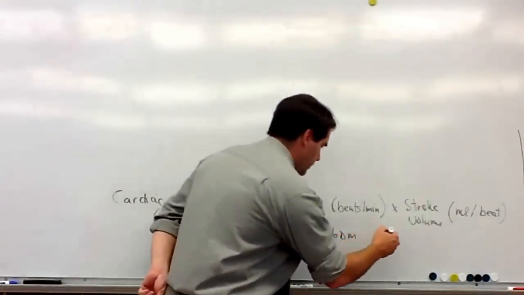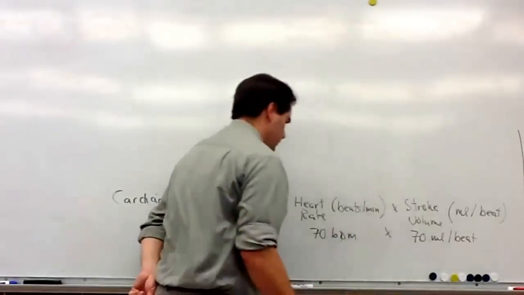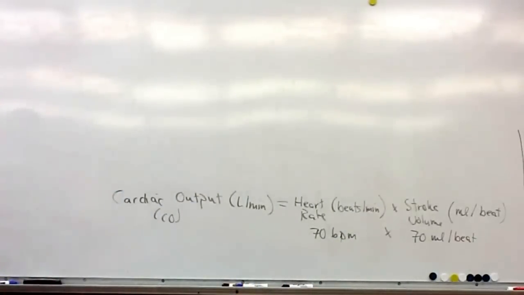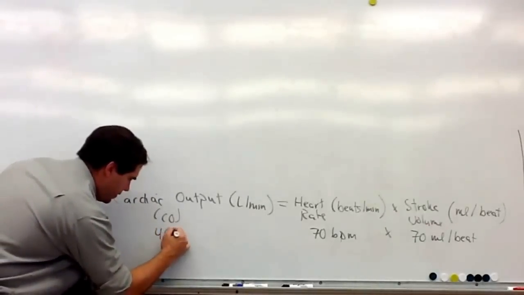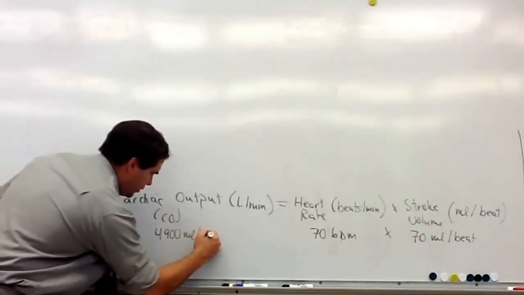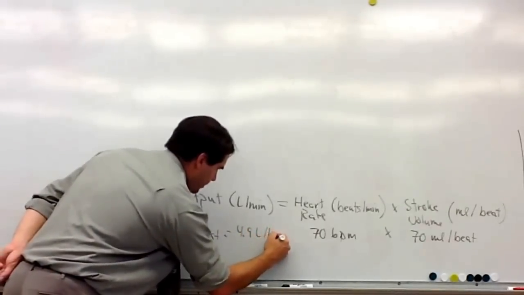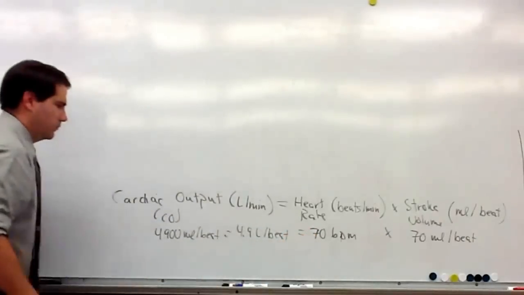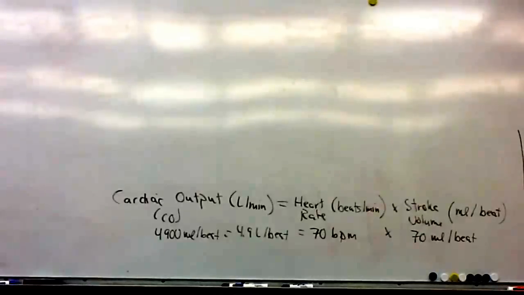We'll go with 70 milliliters per beat. So the beats cancel out, and we end up with either 4,900 milliliters per minute or 4.9 liters per minute. So you pump about 5 liters of blood per minute. The interesting thing about that is that's about how much blood you have. So you pump the entirety of your blood around in roughly a minute.